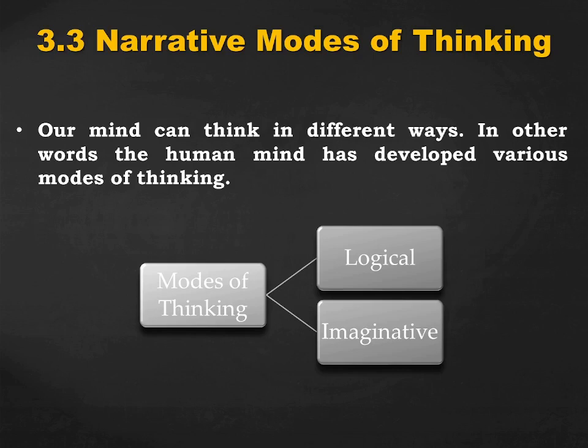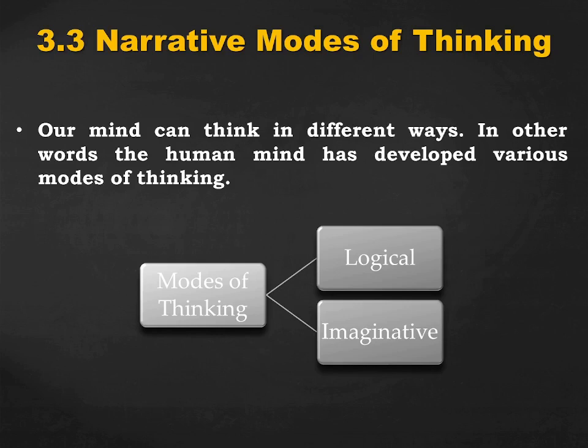Well, the first point which we'll be discussing is about the narrative modes of thinking. As we all know, our mind can think in different possible ways. Or in other words, the human mind has developed various modes of thinking. And these modes of thinking could be broadly classified into two. One is logical and the second one is imaginative.